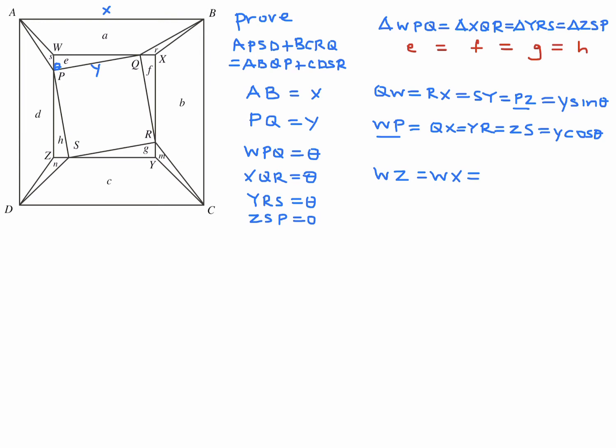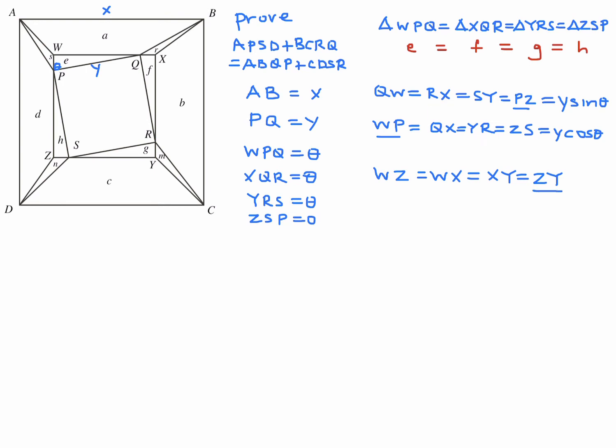So we get WX is equal to WZ, but we also get that equal to XY and ZY. XY is from here to here, and that's the equivalent of XR plus RY. So XR is right here, and RY is right here.